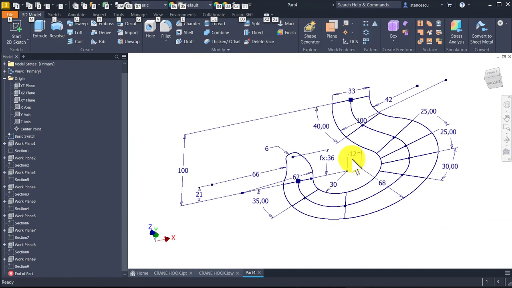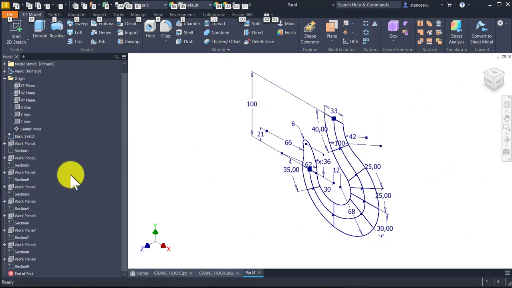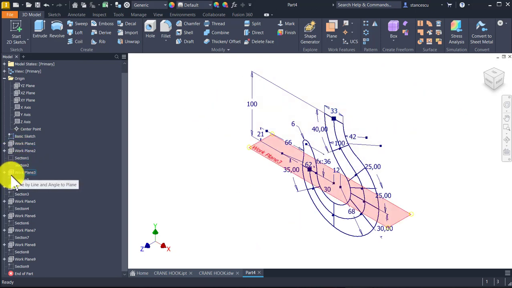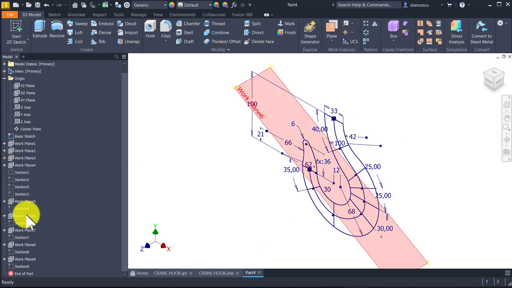Oh yes, now we have all that. You want to see them all? Yes, I want, sir. Well, I move each plane up, as you can see. I can do this because they are before the sketches. Each one is placed also before the sketch.